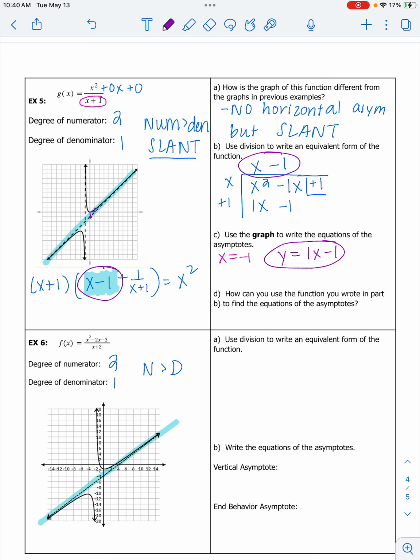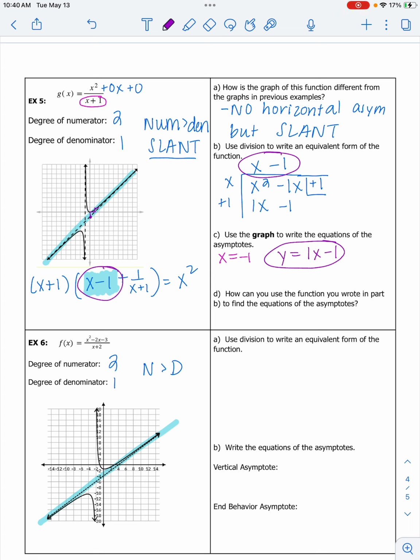Okay. And that is going to be how we find our slant. When we end up dividing the two polynomials together, if it doesn't turn into transformation form, and yet we have this linear equation, this binomial instead of a constant show up, that is our slant asymptote.